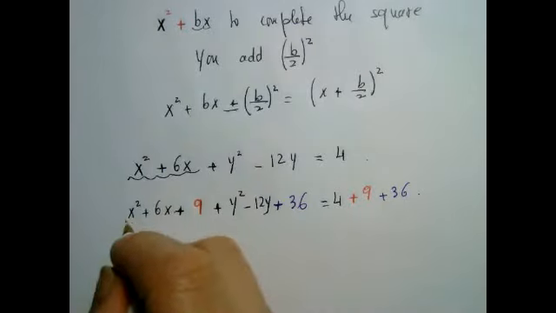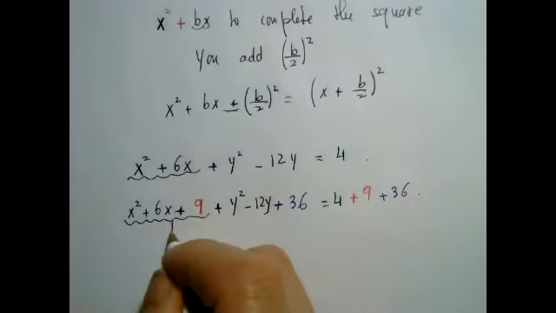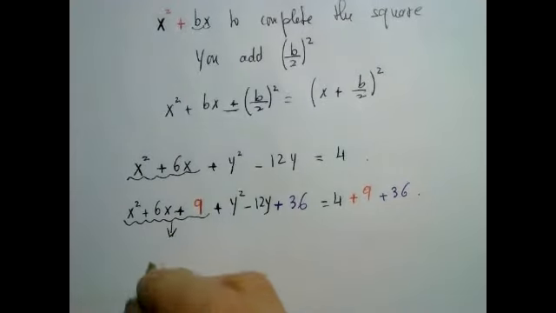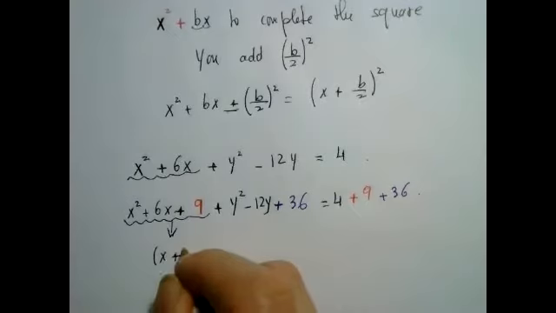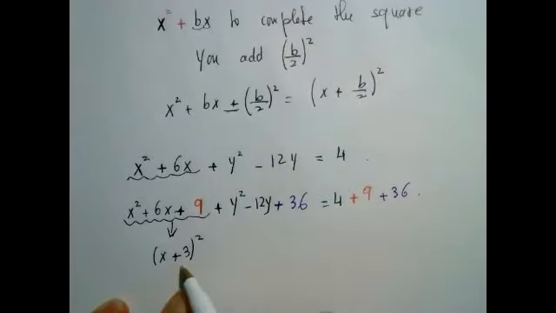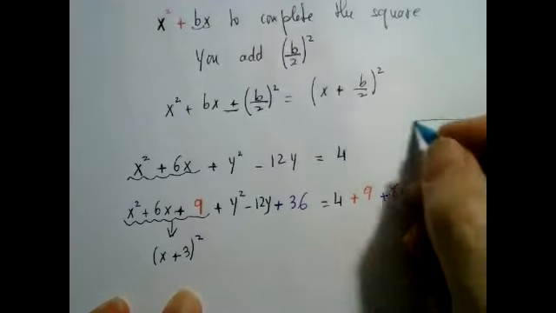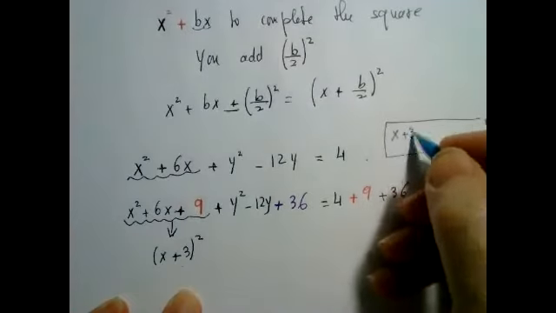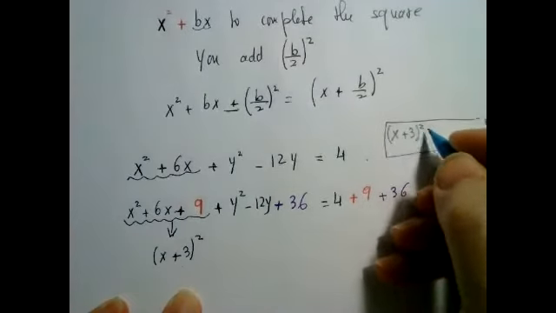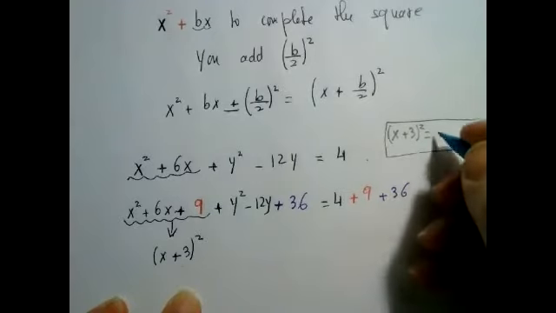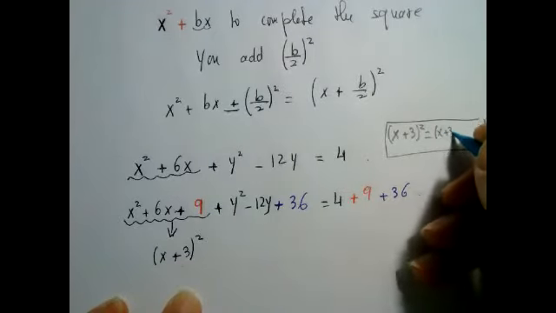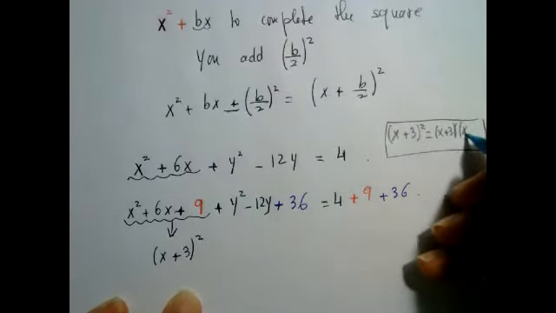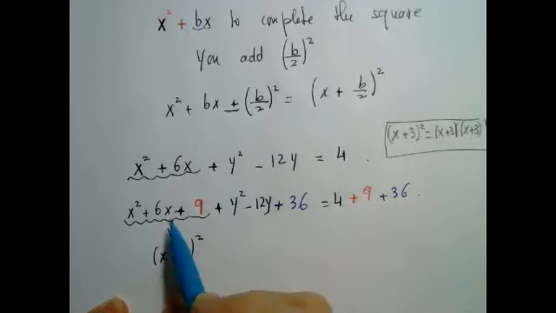Now, when we do this, this piece here will be x plus 3, the whole thing squared. What do I mean? If you take this expression, that's how you can check yourself. If I multiply x plus 3 times x plus 3, I should get that.